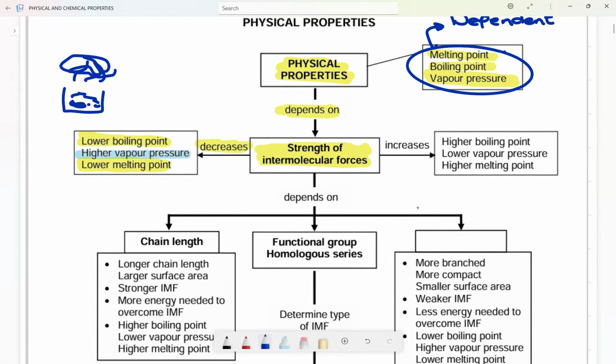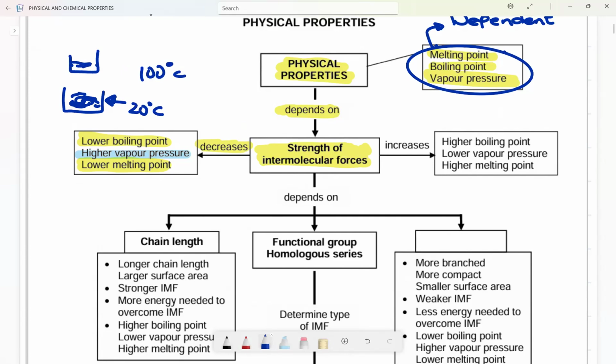The sooner we reach the vapor pressure, the higher it is. If this compound has a lower boiling point, it will boil at a lower temperature, maybe 20 degrees Celsius. Do you agree it will reach a vapor pressure faster? So it has a higher vapor pressure compared to water that boils at 100 degrees Celsius.